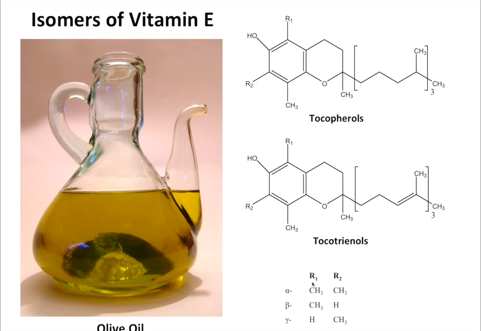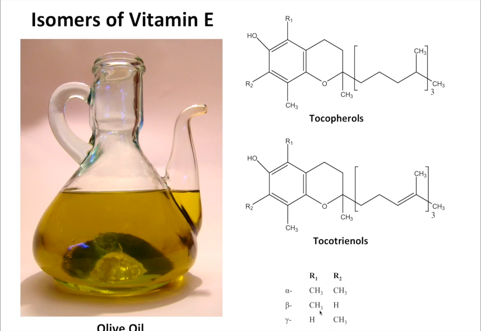And essentially you can see there that you have the alpha form for both tocopherol and tocotrienol when you have R1 and R2 equal to CH3. So when you have a CH3 group here and a CH3 group here, you have alpha tocopherol, and similarly, when you have CH3 here and CH3 here, you have alpha tocotrienol. The beta form would be, for each case, when you have R1 with a methyl group, or a CH3 group, and then R2 would just be a proton.